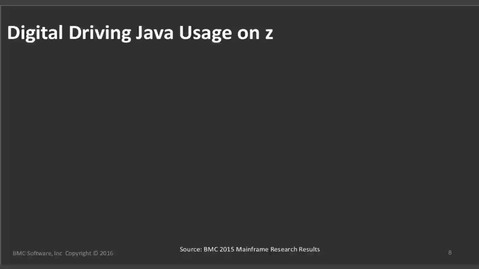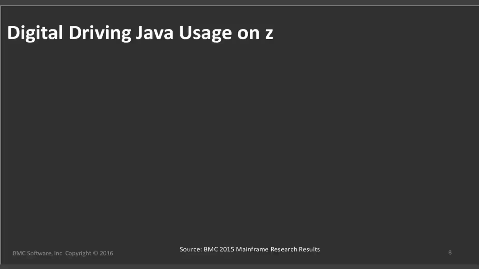When you think of mobile devices and mobile applications and coding for those, frequently what comes to mind is Java. And the usage of Java on the mainframe, which has been around for a lot of years, has actually become more prominent and more successful in just recent years.